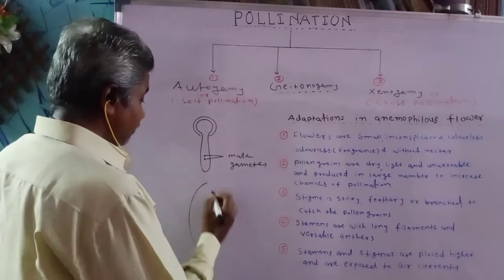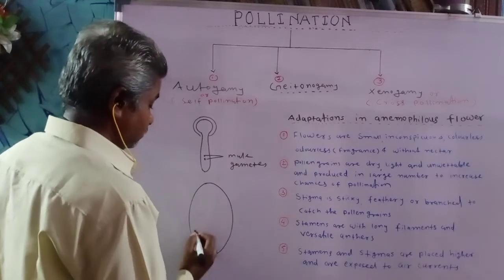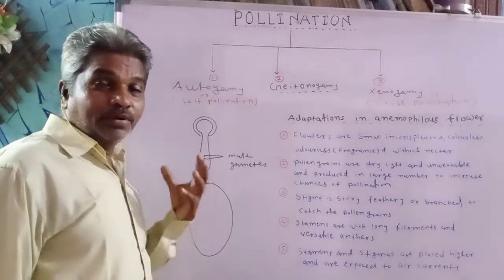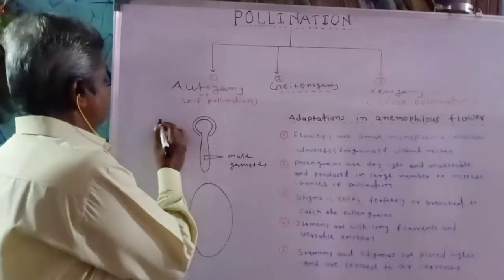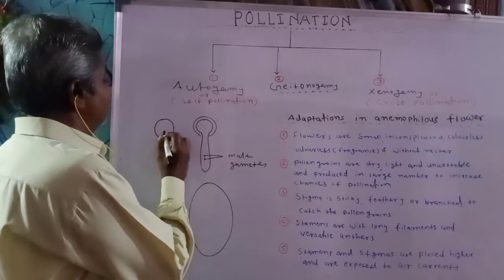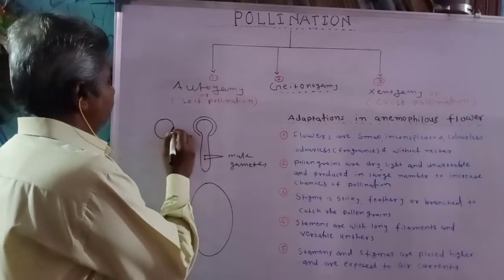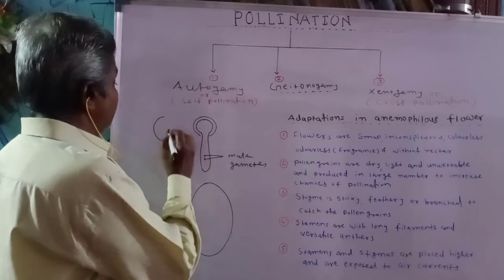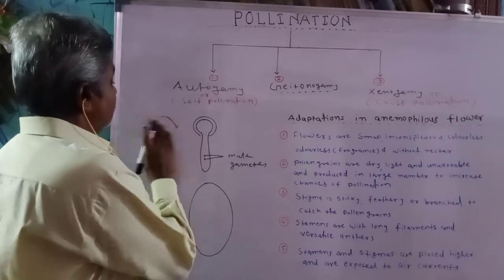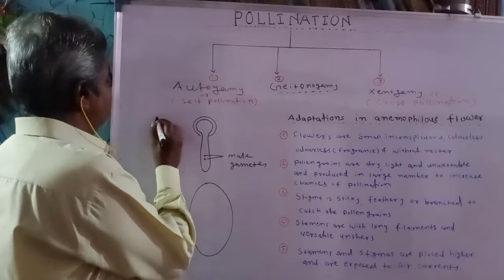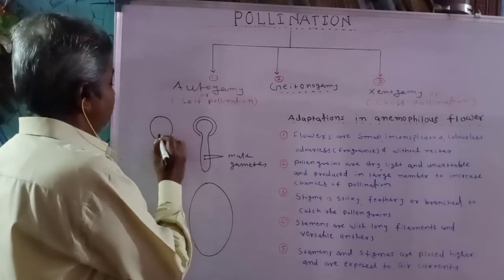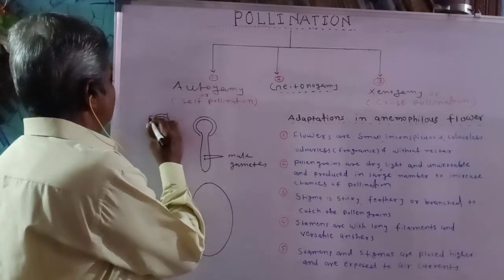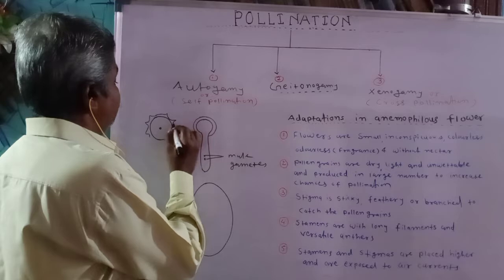Similarly, the female gametophyte. The male gametophyte develops from the pollen grain. When this pollen grain germinates on the stigma, each pollen grain is dry, yellowish, and ball-like, and later on this pollen grain produces the male gametophyte.